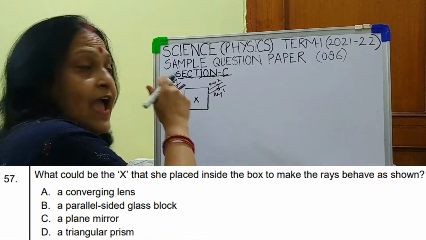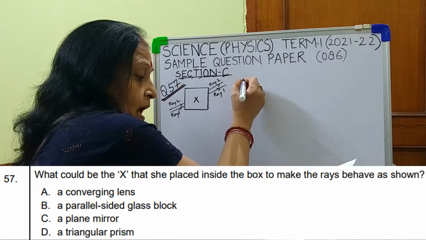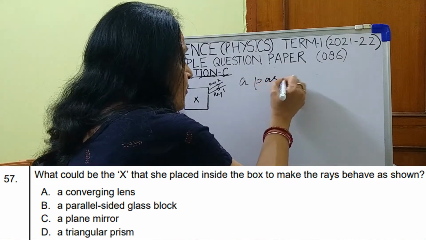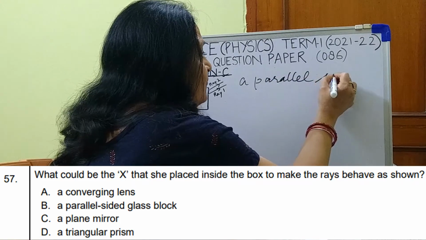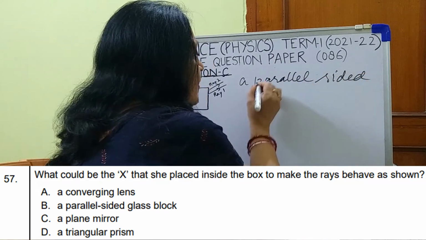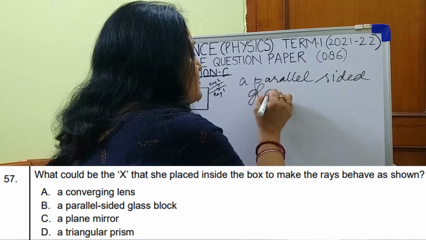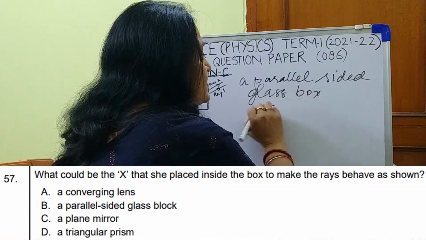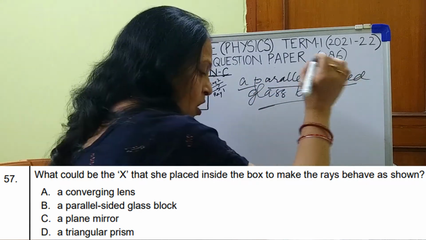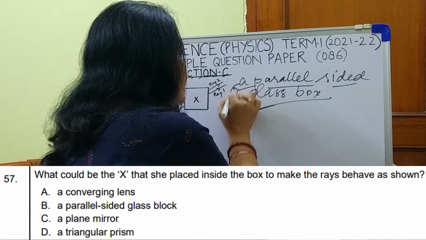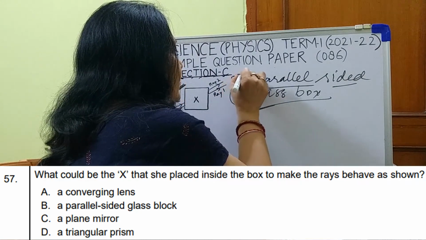X is a parallel sided glass box. Option B is correct for question number 57.